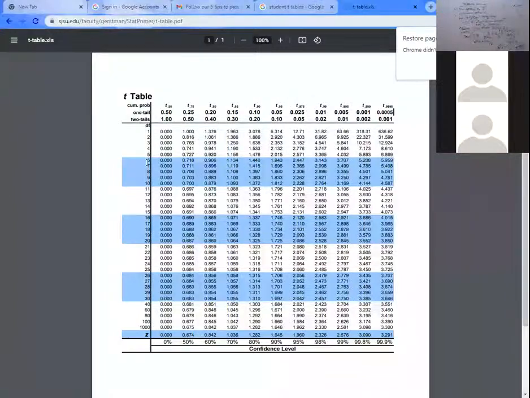Yes, this is much better. So you can see we have our T table. When we are talking of one tail at 5%, each tail takes 0.025, and the two tails together have 0.05, and you can see our t.975 on top.